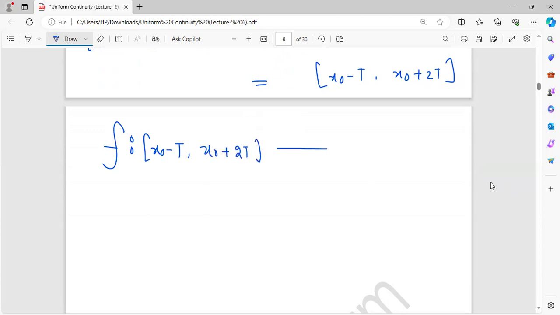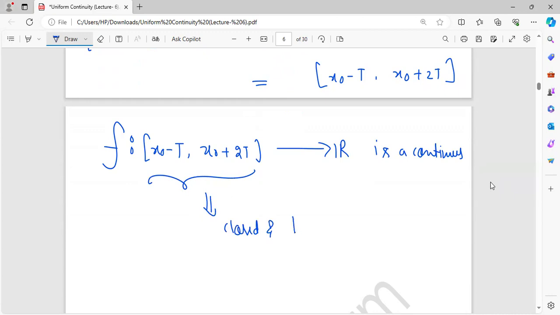Now f is a continuous function, because f is continuous on the whole real line, so the function is continuous on this. But this is a closed and bounded interval. We know that every continuous function on a closed and bounded interval is uniformly continuous, so it is uniformly continuous.